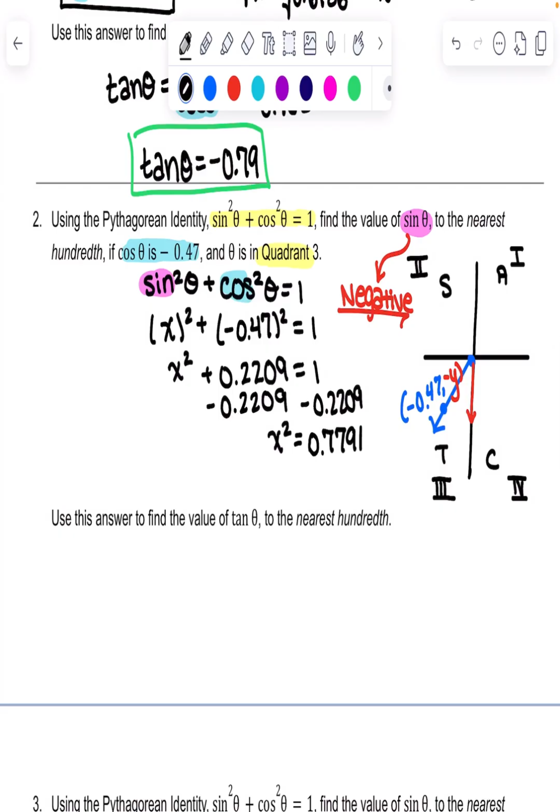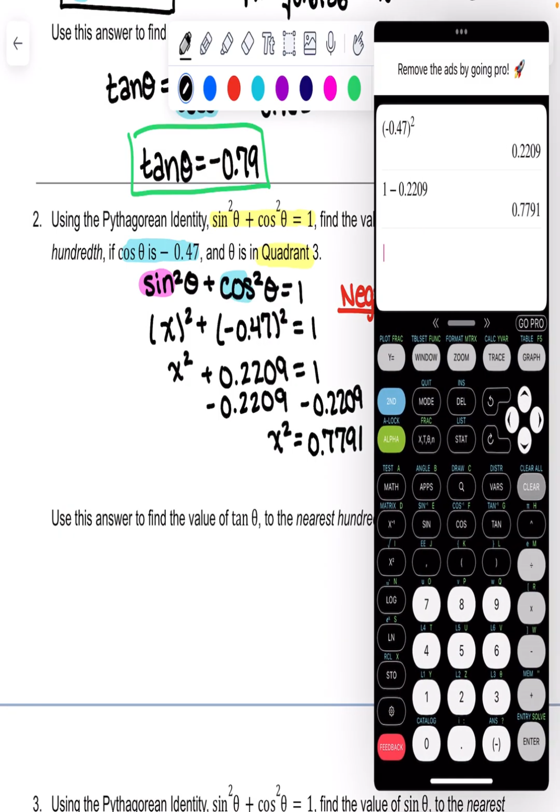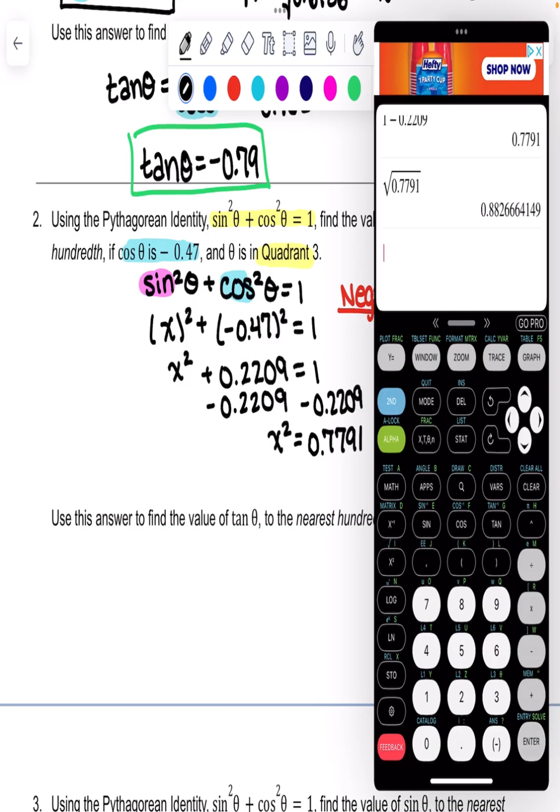So the square root of 0.7791, we get x equals 0.88, rounded to the nearest hundredth, like it says here. So make sure you put your negative in. I said it, but I didn't write it. Make sure you write it. The sine of theta equals negative 0.88.